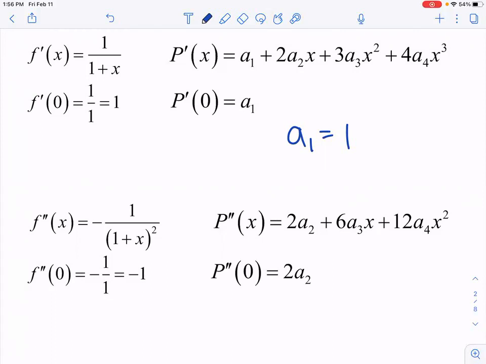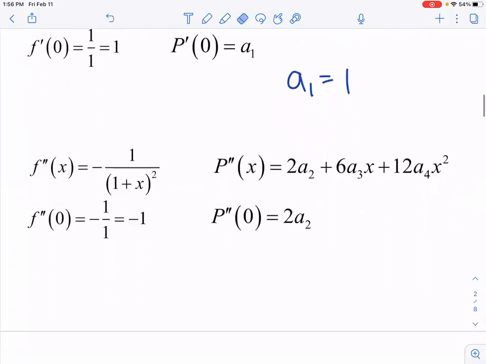Power rule, power rule, power rule. Are you okay with that derivative? Okay, well, if we plug in 0 for x, those terms go to 0 and we're left with 2 a sub 2. Well, if I want our second derivatives to be the same, then I want 2 a sub 2 to equal -1. So what's a sub 2? Oh, good. Interesting.